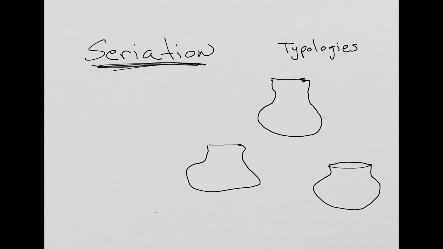Of course, they weren't typically finding entire pots. They were finding potsherds. Nonetheless, they could make an argument that type 1, 2, and 3 were in that sequence in terms of age. So 1 was the youngest, 2 was in the middle, and 3 was the oldest.